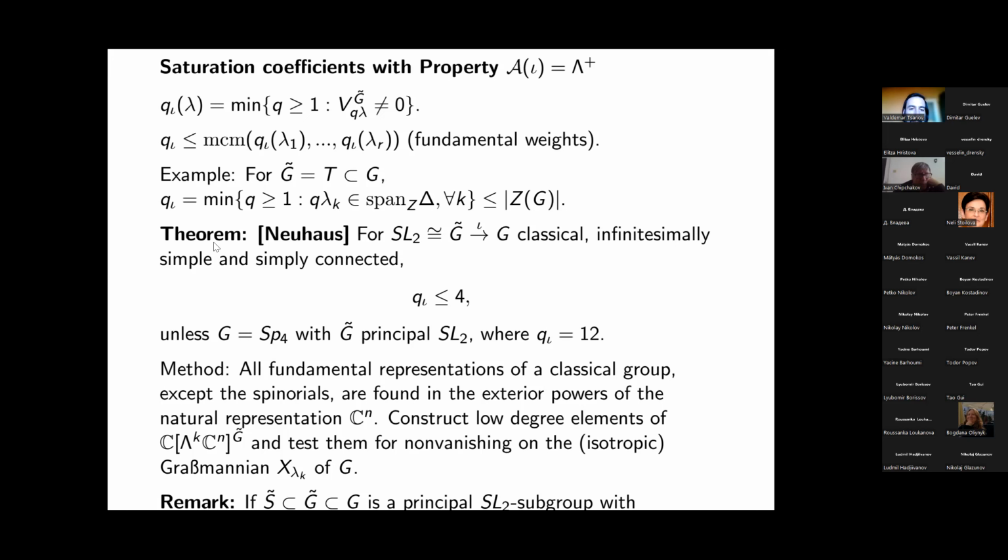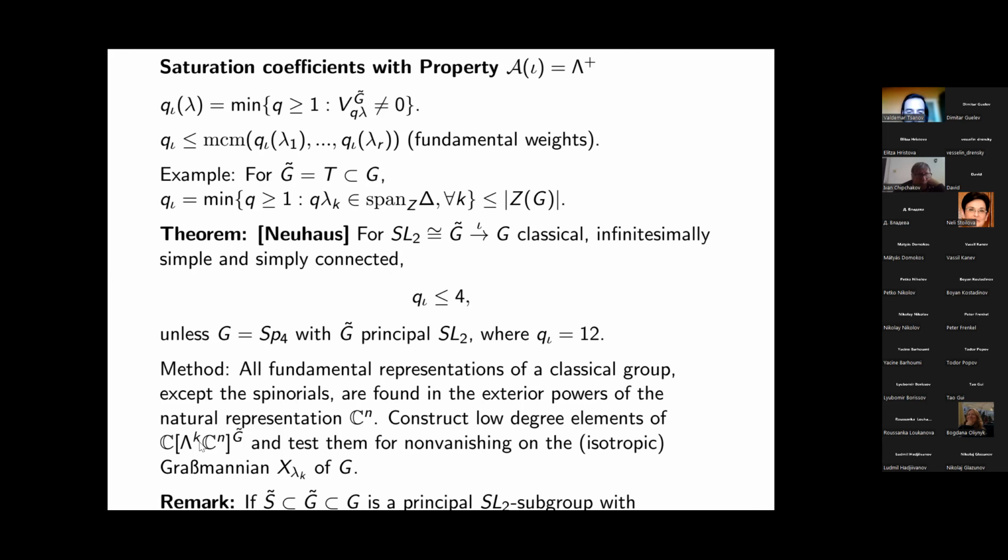And this can be computed for a torus, and a doctoral student of mine did compute it for SL2 subgroups, showing about 4 with many exact results, which I cannot state now, with one singular very odd exception, 12, for just this SP4 and its principal SL2 subgroup acting irreducibly on the 4-dimensional representation.